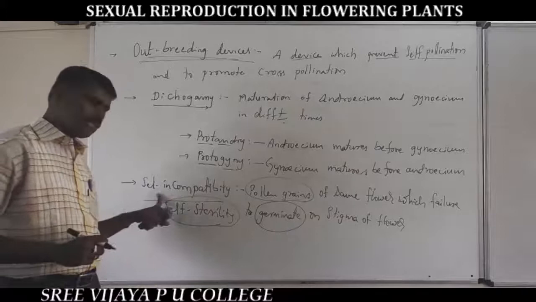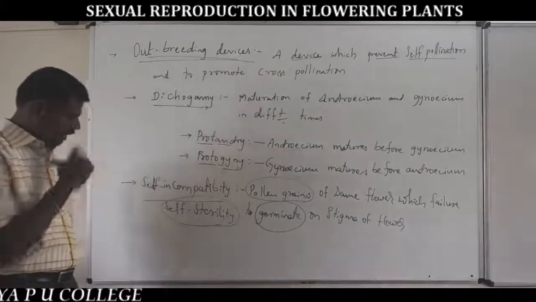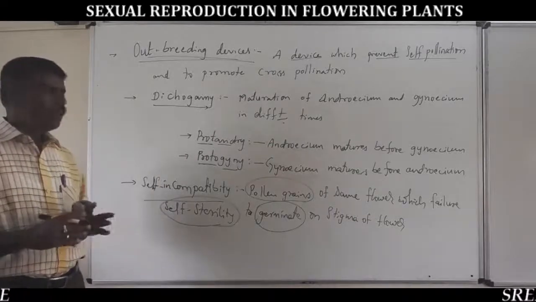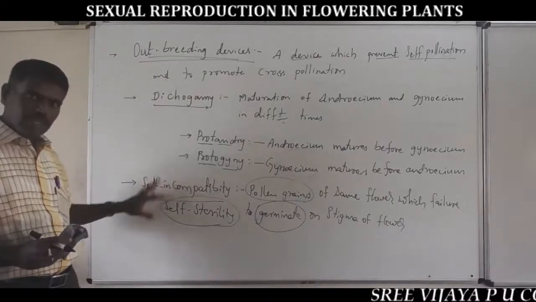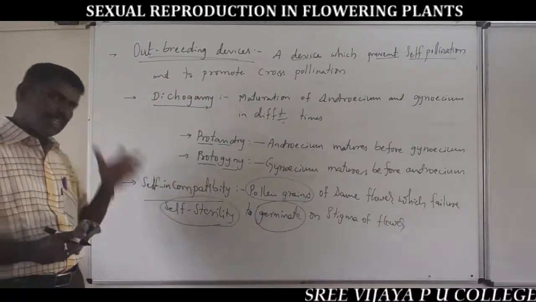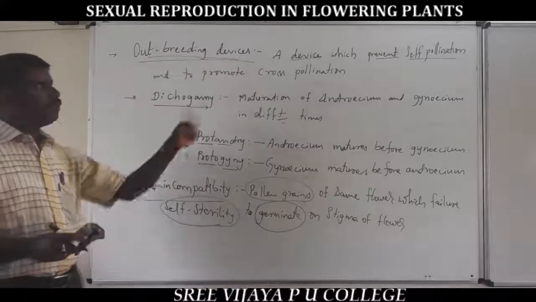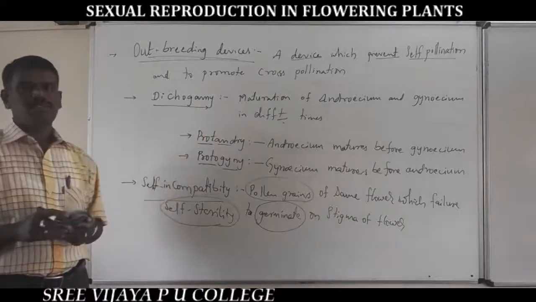That condition is called self-incompatibility. So like dichogamy, self-incompatibility or self-sterility are both outbreeding devices which promote cross-pollination and prevent self-pollination.